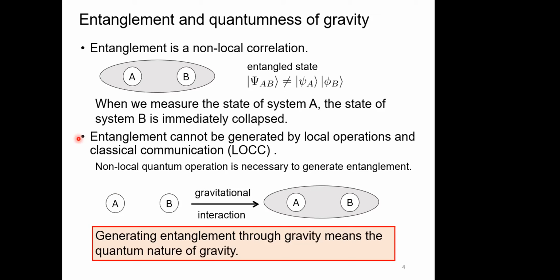This LOCC cannot generate entanglement, so a non-local quantum operation is necessary to generate entanglement. Using this property, we may say that if gravitational interaction generates entanglement, it means the quantum nature of gravity.